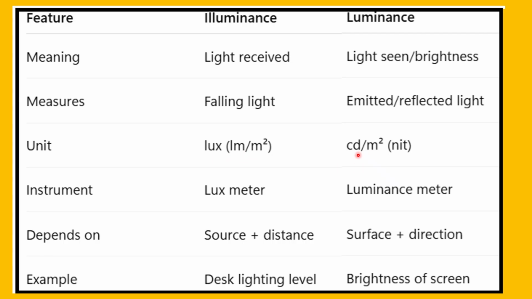Here it is candela per square meter, known as nit. The instruments through which these are measured are the lux meter and the luminance meter. It depends upon source plus distance, surface plus direction. An example for illuminance is desk lighting level. For luminance, it is the brightness of a screen.